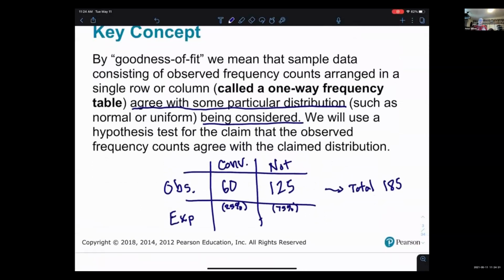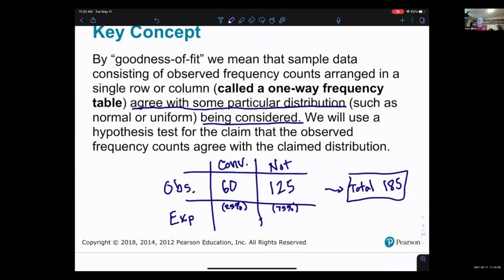And so those expected percentages or portions of the overall population, when I then look at the total of 185, would lead to some expected values. So if 25% were convertibles, then my best guess or the expected number out of 185 people driving to campus that I randomly look at would be that 25% of those would have been convertibles.